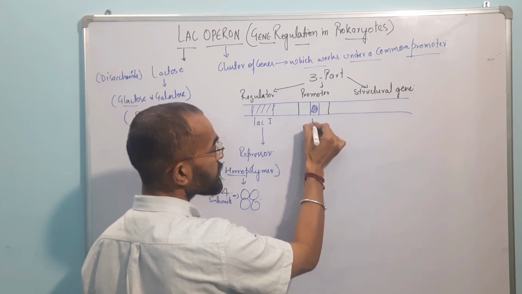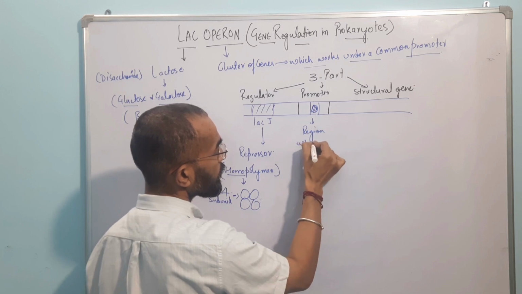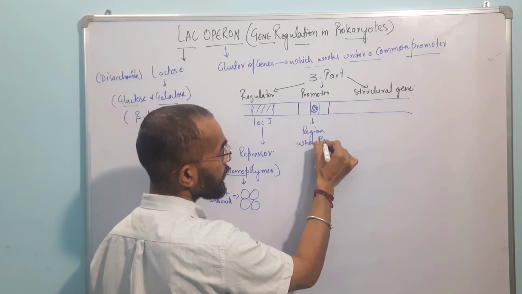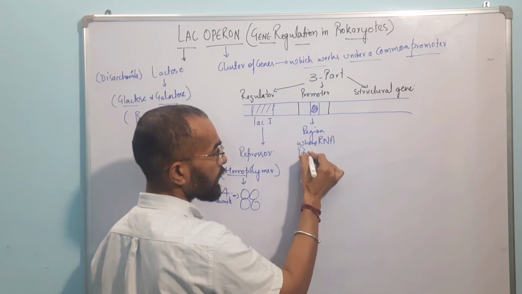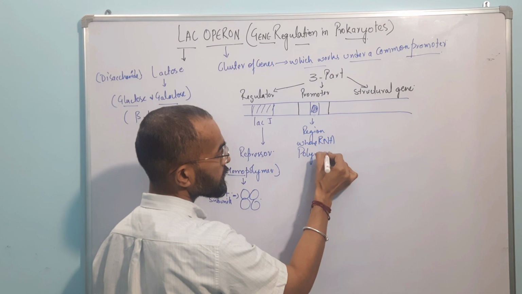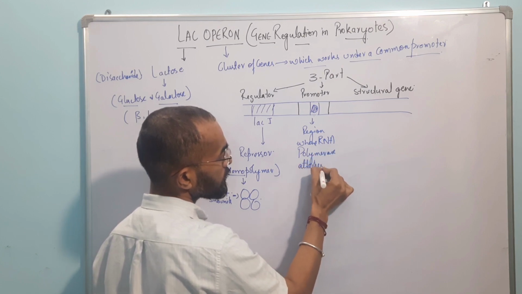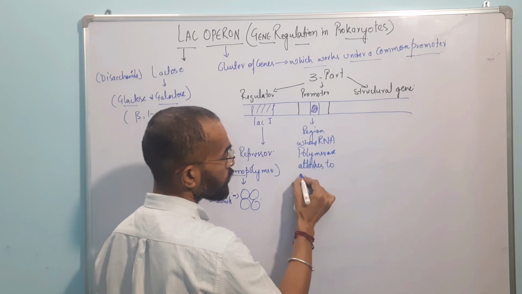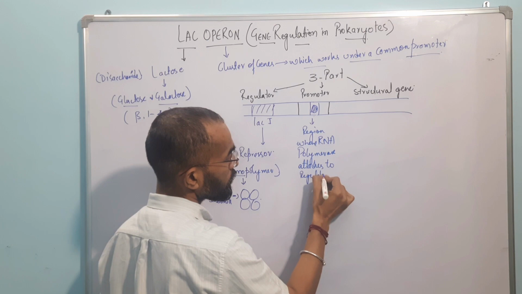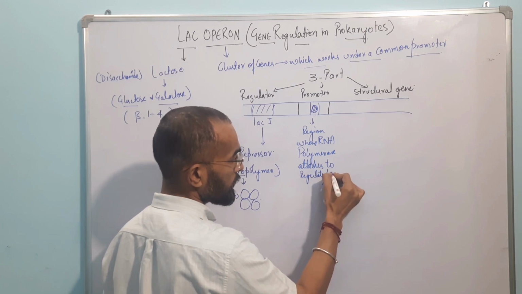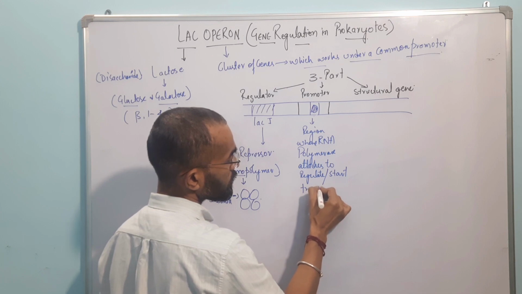And the promoter is the region where RNA polymerase attaches to regulate, or we can say attaches to start transcription.